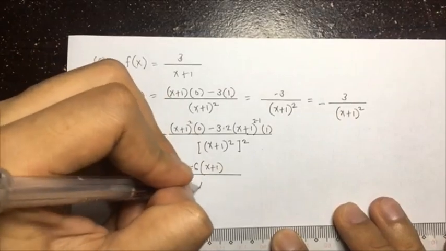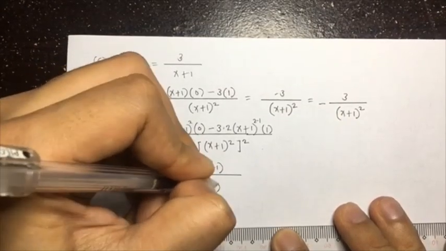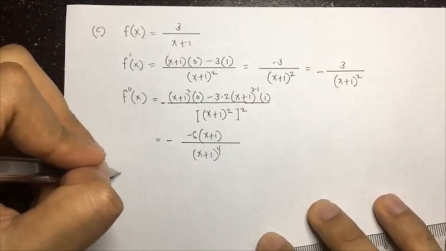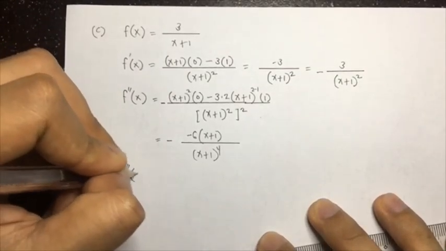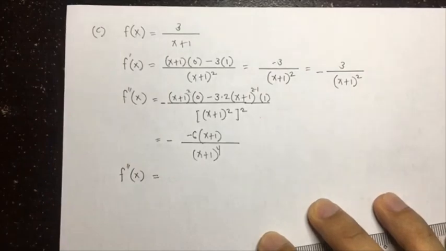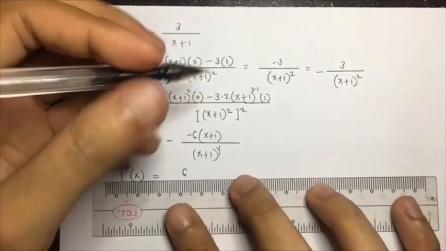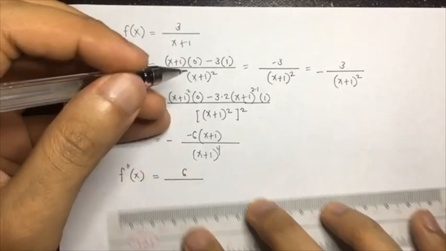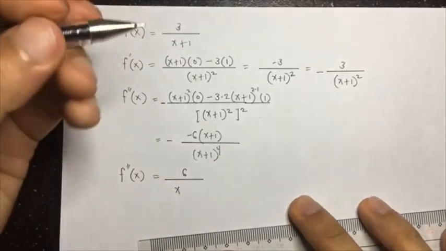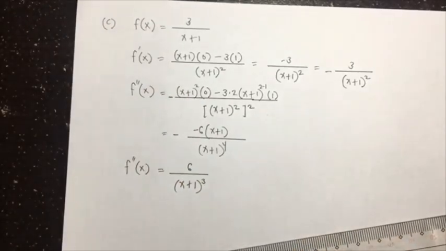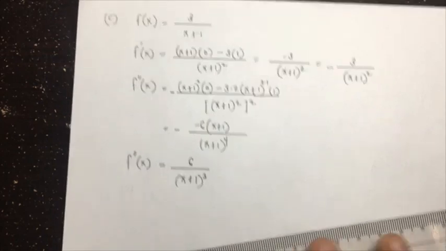So the denominator will be x plus 1 raised to the power of 4. Therefore our second derivative is positive 6 over x plus 1 cubed. Okay, so that is our second derivative.